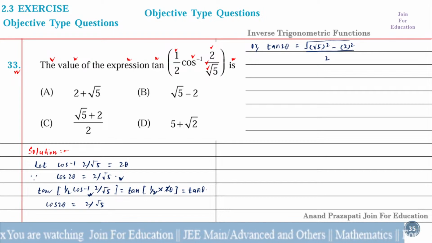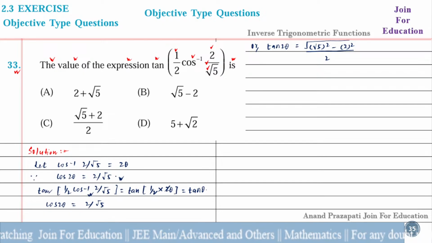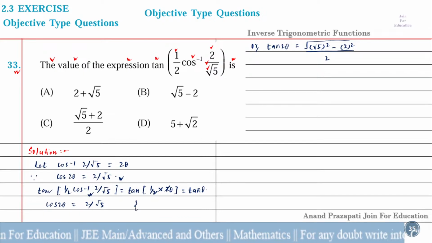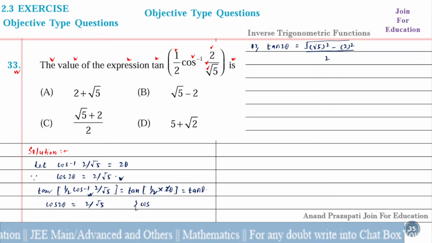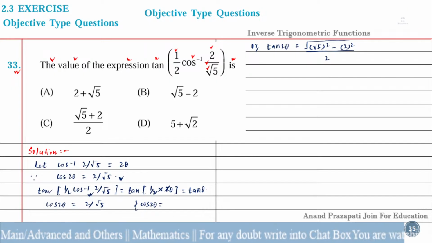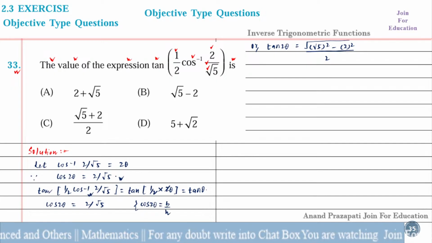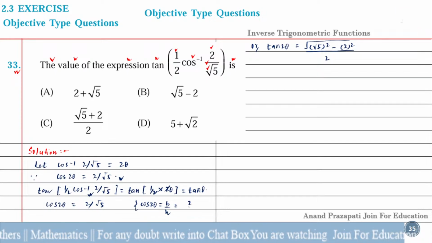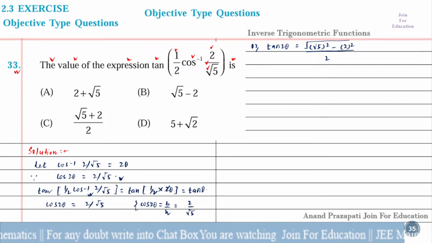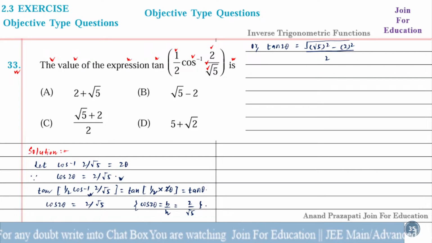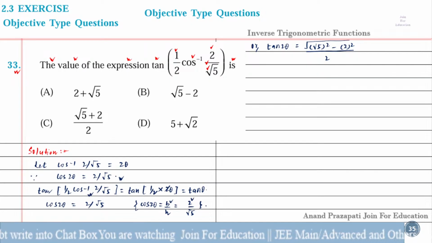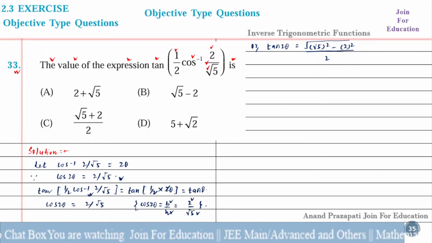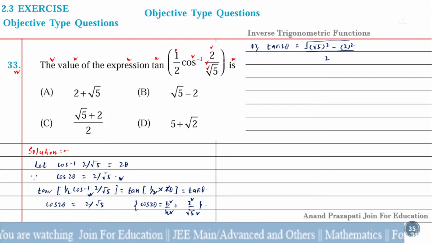Is there any problem understanding up to this step? Because we know that cos 2 theta equal to B by H equal to 2 by root 5. Therefore, here B equal to 2 and H equal to root 5. Therefore, P equal to this one.